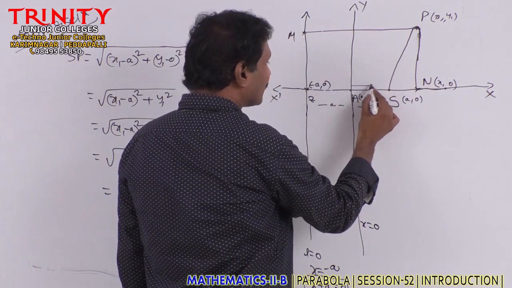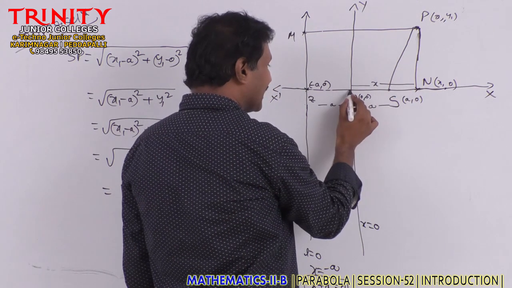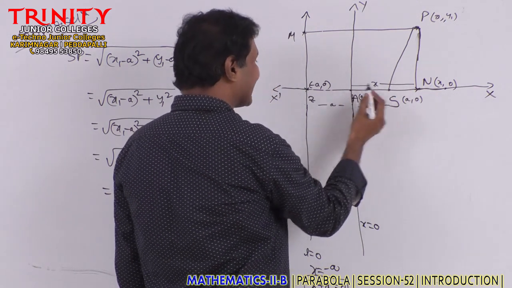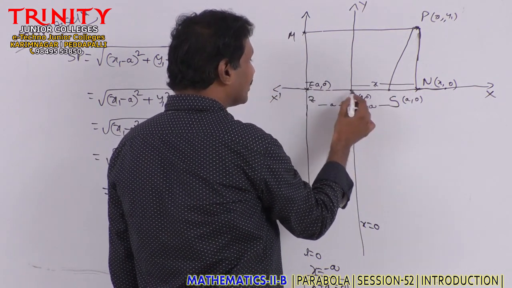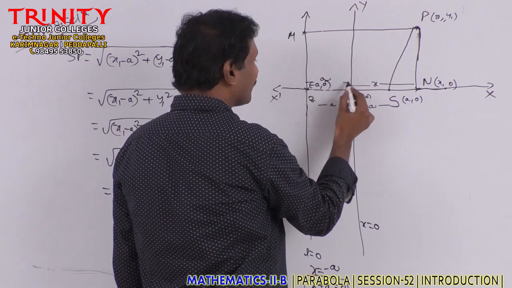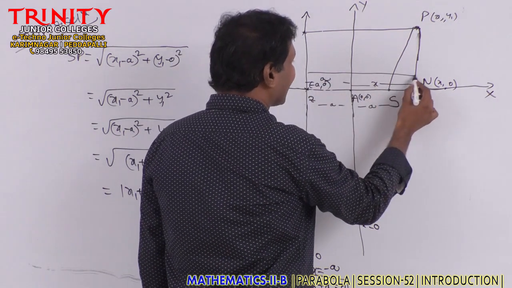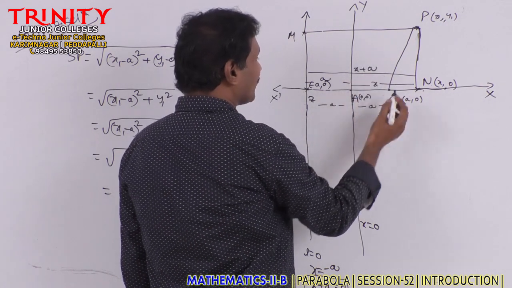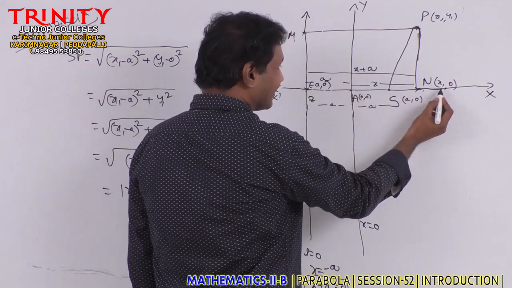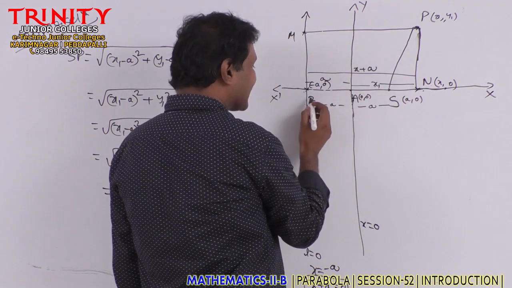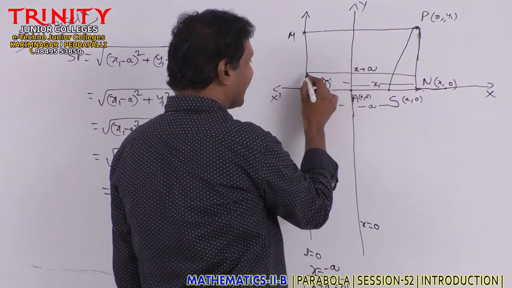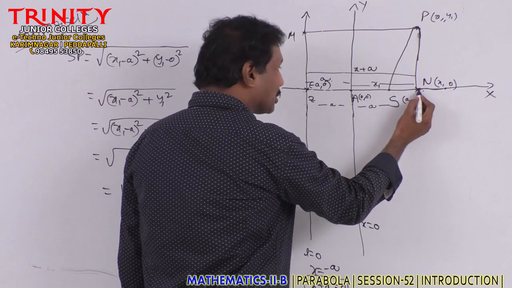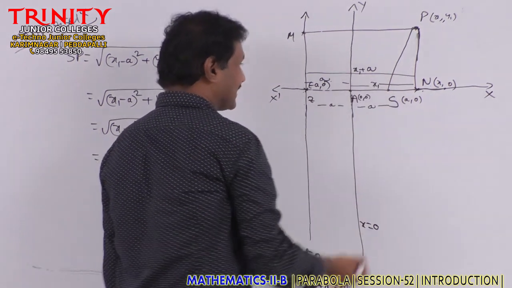Here, the distance from the origin A to N is x1, and the distance from Z to A is small a. Therefore, the total distance from Z to N is x1 plus a.